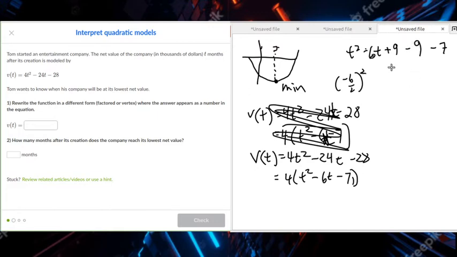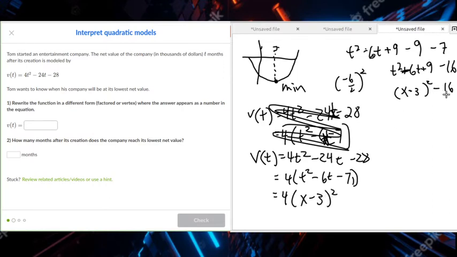So I'm going to end up with t squared minus 6t plus 9 minus 16, and then I'm going to be able to put this into x minus 3 squared minus 16. So now I've got this 4 times x minus 3 squared.